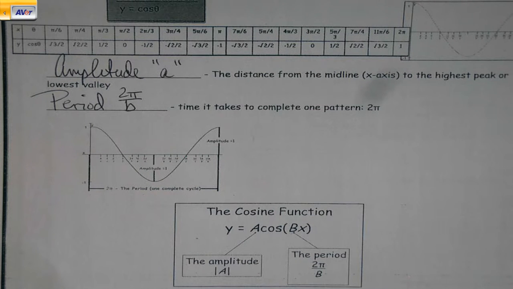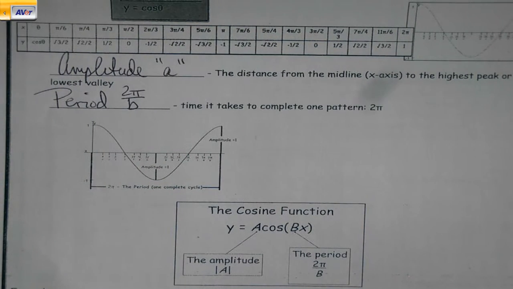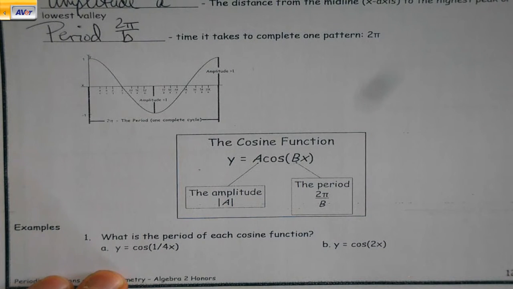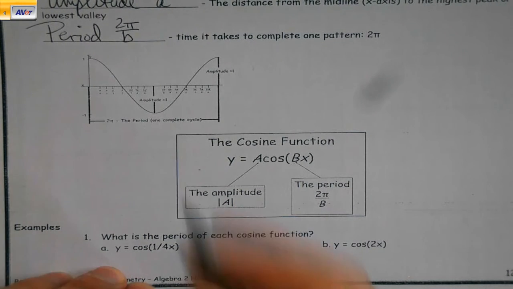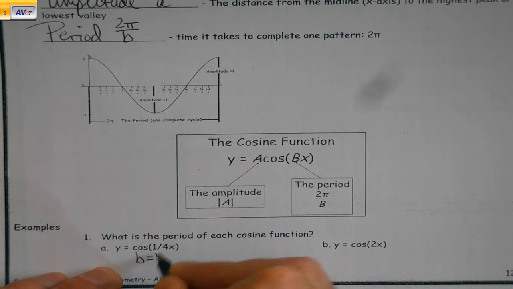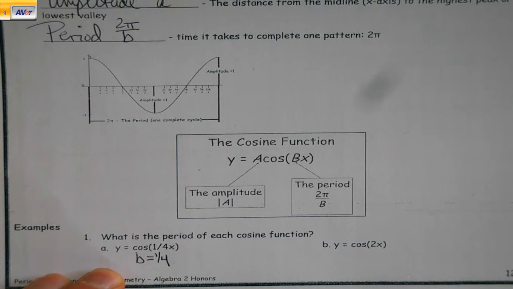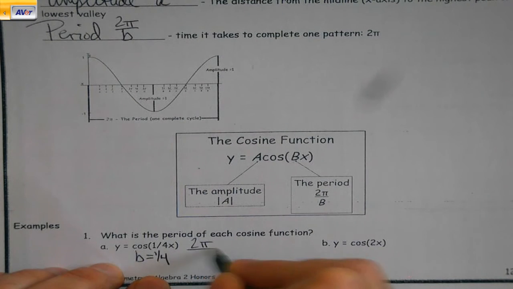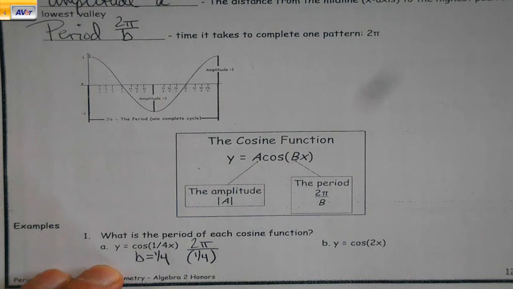So, when I go looking for this stuff, what's the period of the cosine function? My b value is 1/4. So, 2 pi divided by 1/4. Now, I could go to the calculator here, but I'm not going to. And here's why. This is going to lead us into when we're actually doing this calculation for our graphs.